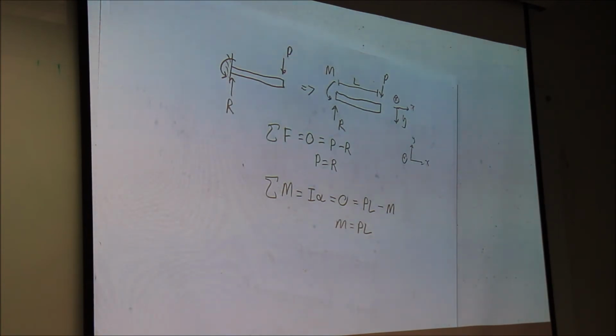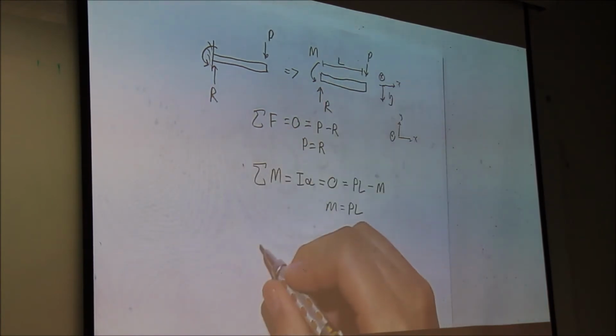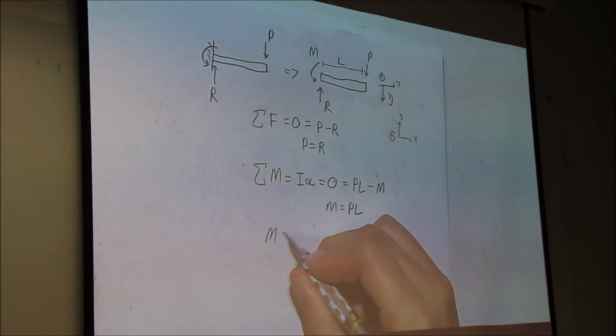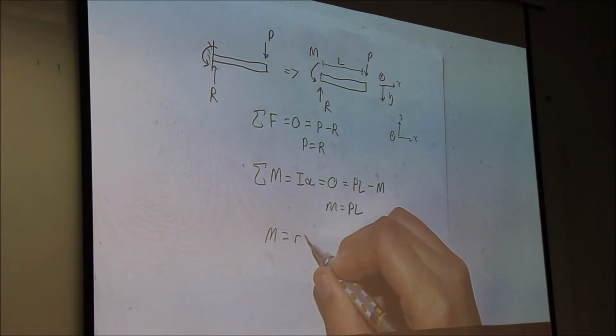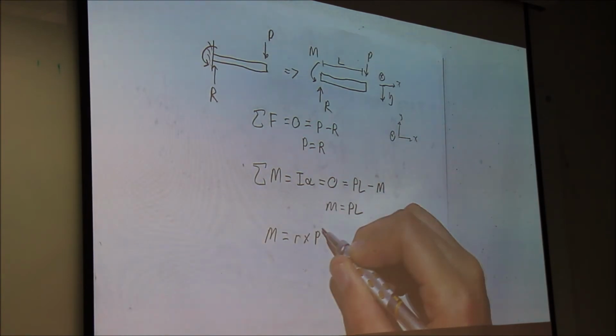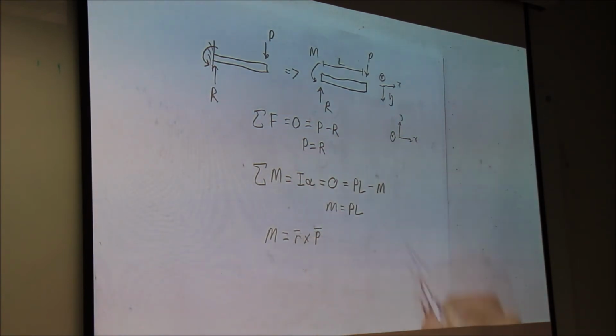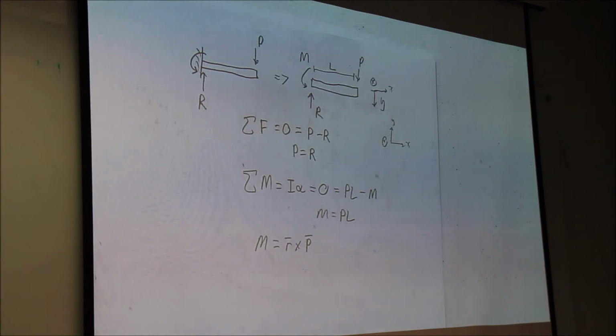So formally, the definition of a moment, which maybe is not the best way to explain it, is a cross product of vectors, a distance vector and a force vector. Basically what that means is they multiply like the right hand rule would suggest.